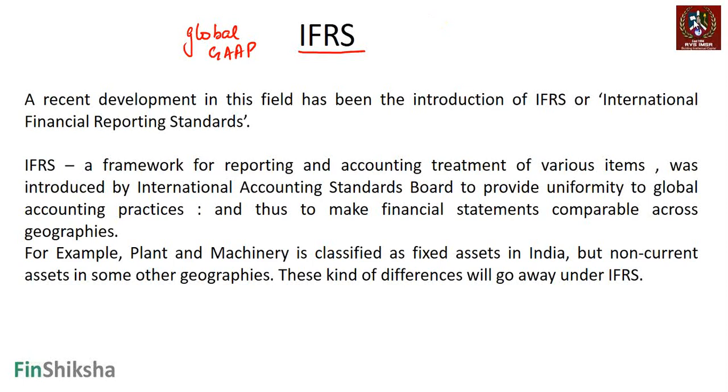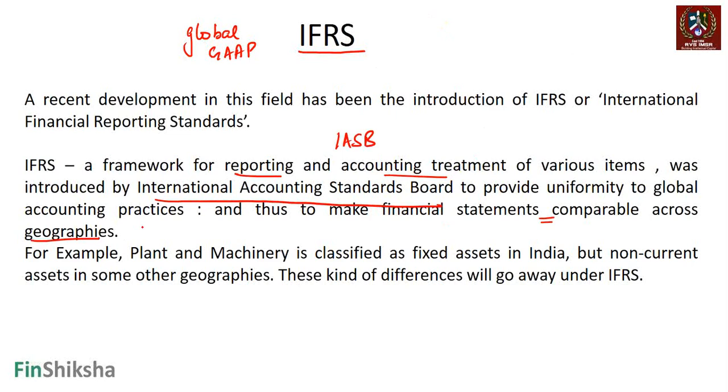So essentially, the usage of IFRS is important, because when you create a framework for reporting and accounting treatment of various items by global accounting standards, the International Accounting Standards Board, or IASB, is what has basically come up with this unified or uniform accounting practices, making financial statements more comparable across geographies, right?